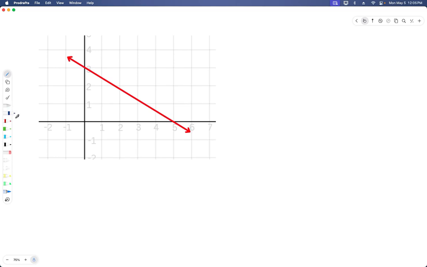So again, we are going to look at what's our form of the line. We need to find the m and we need to find the b, right? So where does it cross the y-axis? +3. So that goes here.